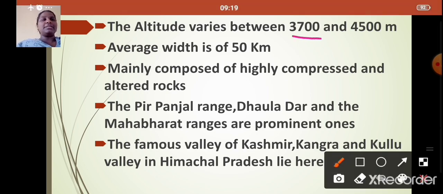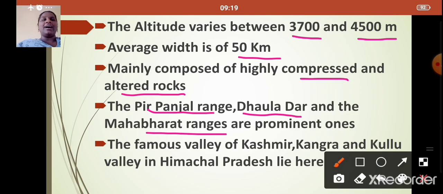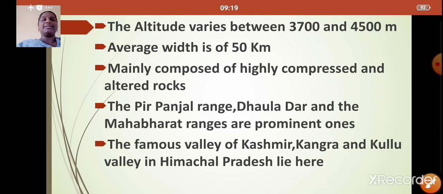So you need to remember this, students. And the average width is 50 kilometers. Mainly composed of highly compressed and altered rocks. The Pir Panjal range, Dhauladhar and the Mahabharata ranges are prominent ones, that is the important ones.